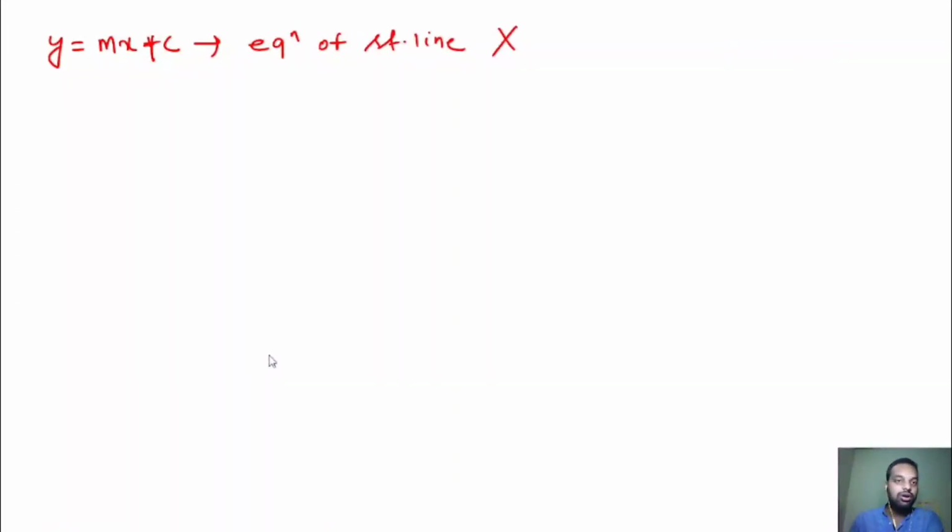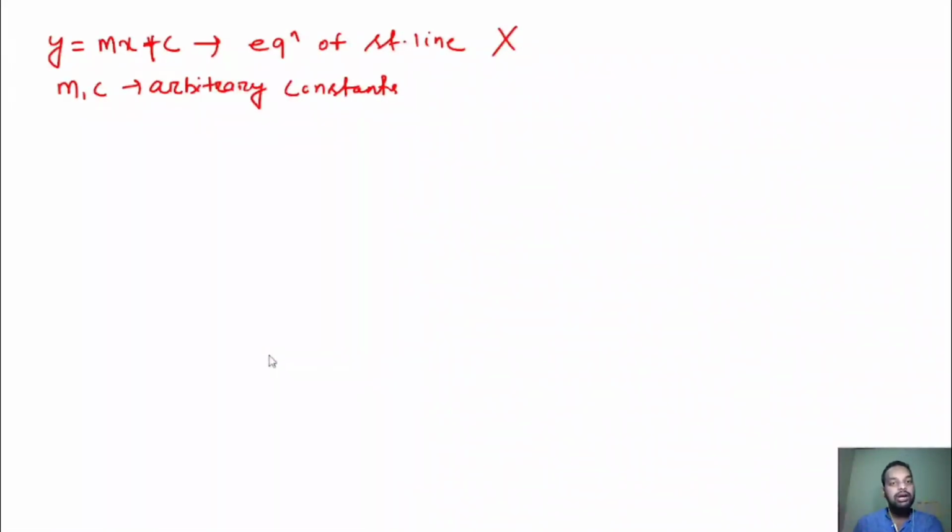This is wrong, obviously wrong, because here we have two arbitrary constants m, c. Unless we are given some conditions, we cannot find the value of m and c.